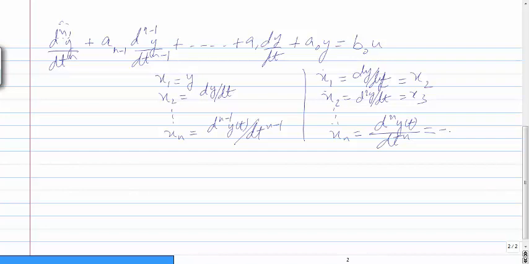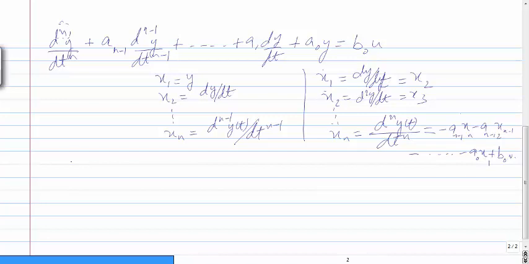It becomes minus a n minus 1 xn, then minus a n minus 2 x n minus 1, minus so on up to minus a naught x1, and plus the input term, that is b naught u. So this is the way we can represent any differential equation in state space form.